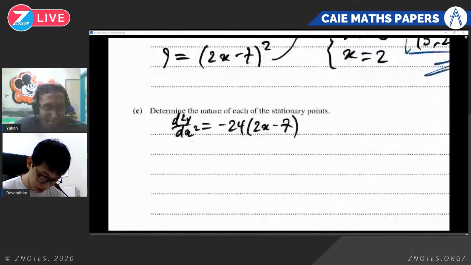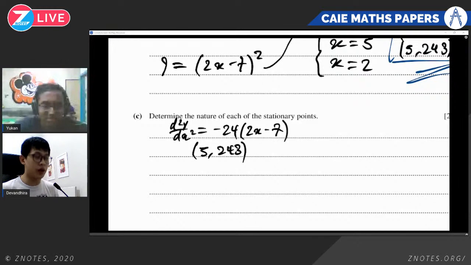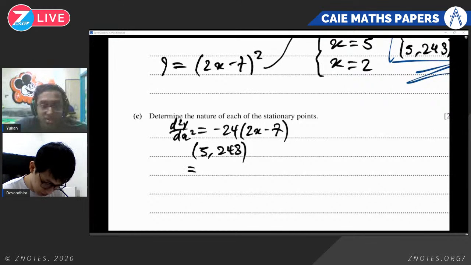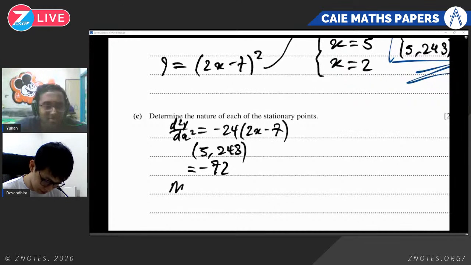Let's put when x is equal to 5. Can you put this in your calculator? When you put 5, you get negative 72. Because it's less than 0, that is a maximum, right?